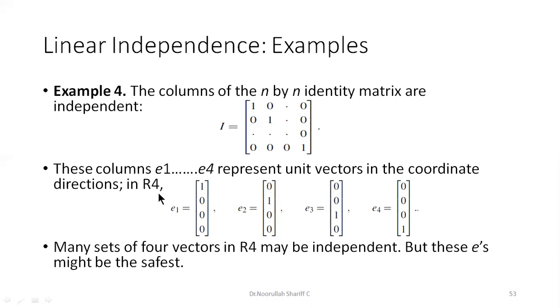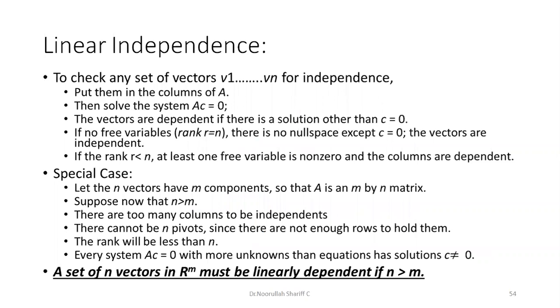Many sets of 4 vectors in R4 may be independent, but the safest ones are the E's. Unit vectors are the safest ones, which we are sure will definitely be linearly independent.